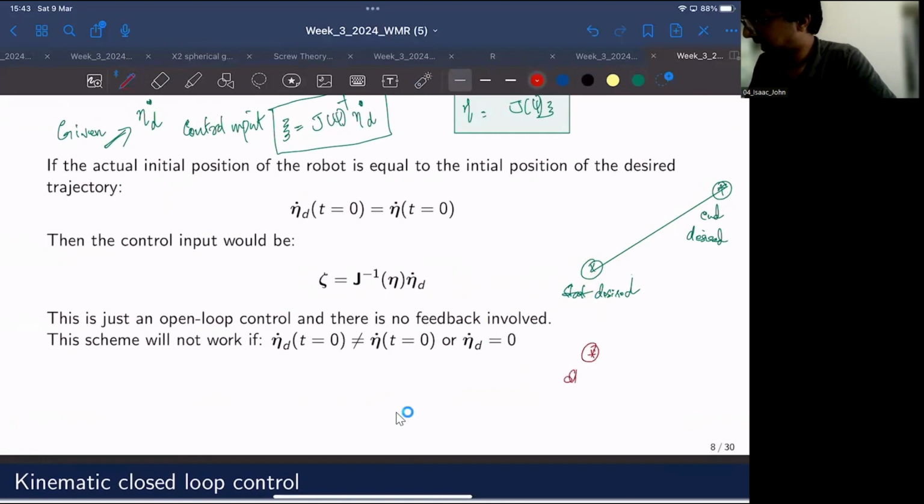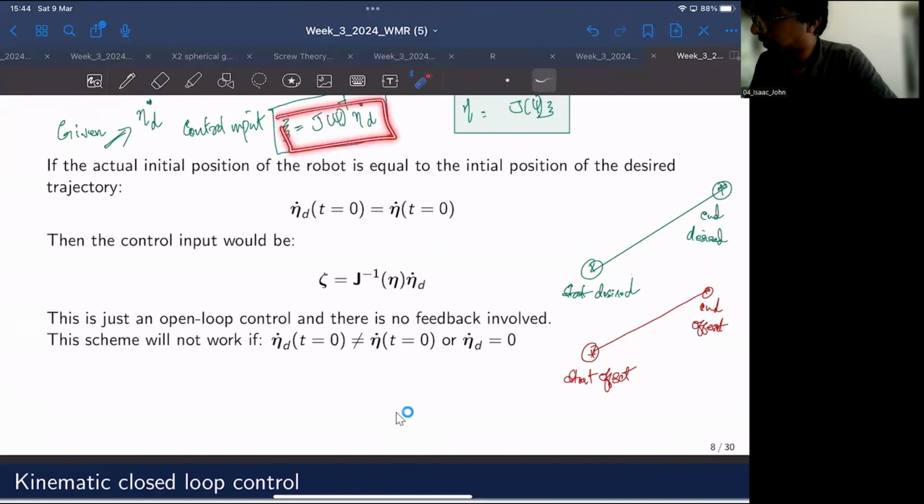If I call this start offset, and if I call this end offset, and if you still use this control law, eta dot equal to J of psi inverse eta desired dot, it will only go like this.